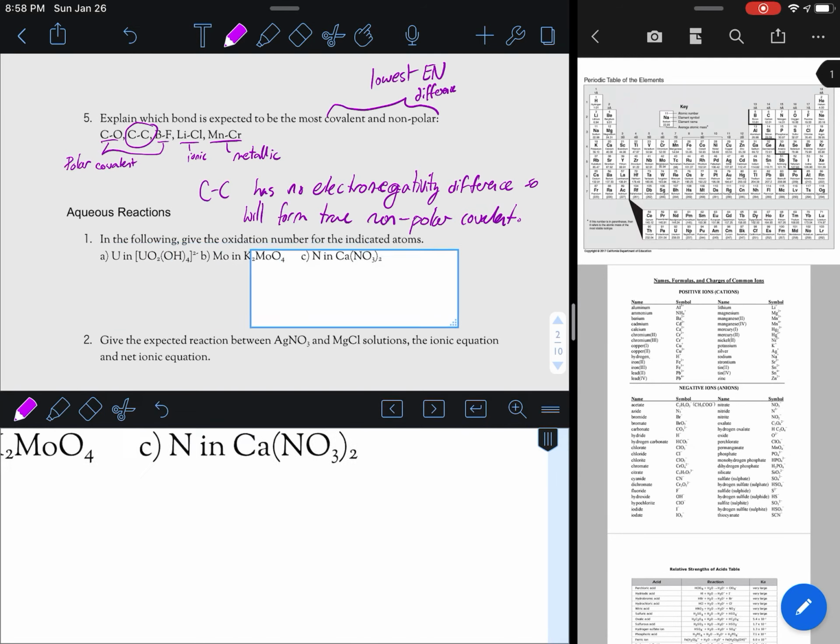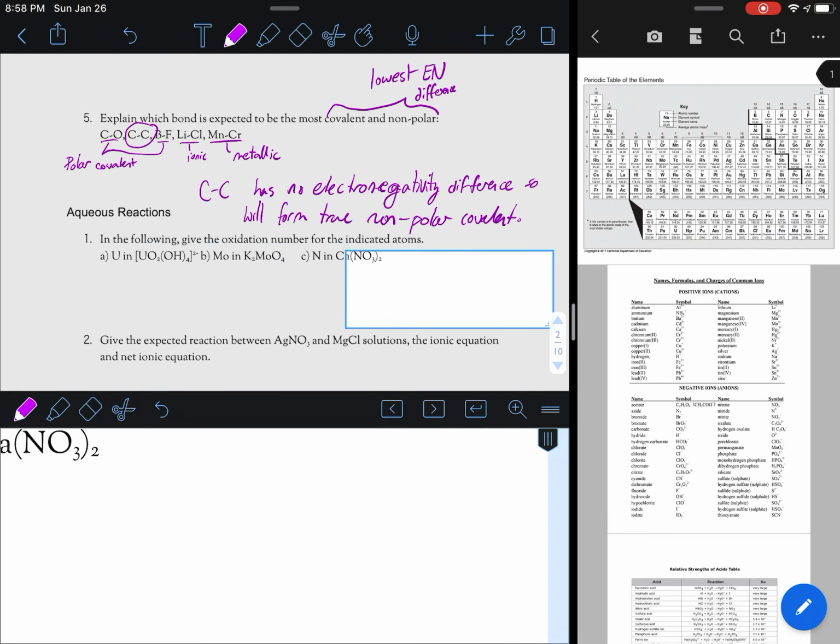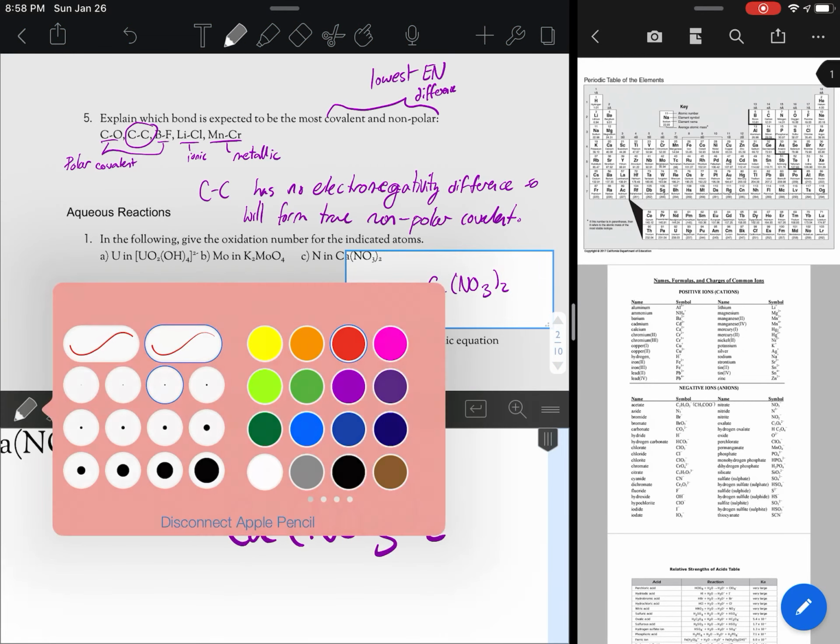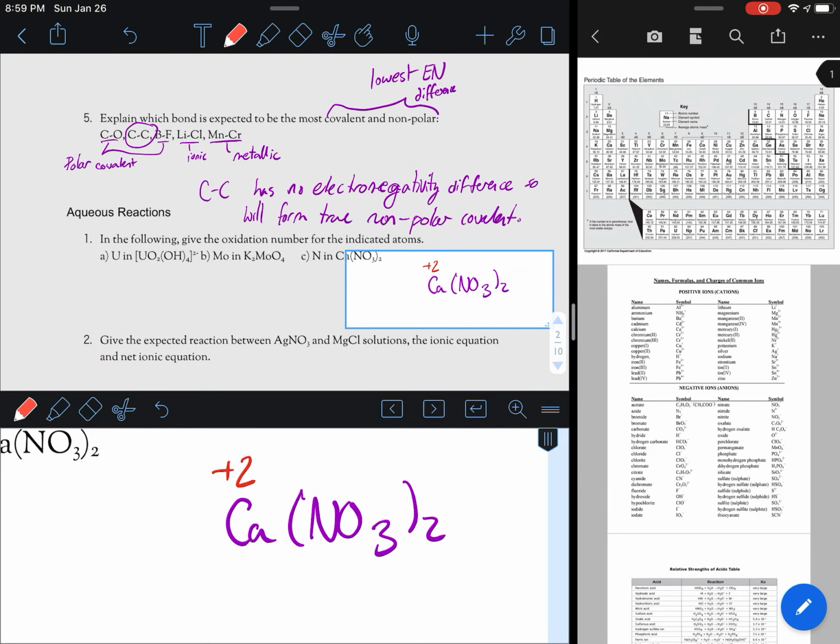I'm going to leave the hardest one for last, so I'm going to start with the nitrogen in calcium nitrate. So I've got a calcium, and we have NO3, 2. Okay, so we put in the elements that we know, +2 for calcium, -2 for oxygen, and then we start multiplying. So we've got a +2 here. We've got 3 times the oxygen, but there's some crazy stuff going to happen here.